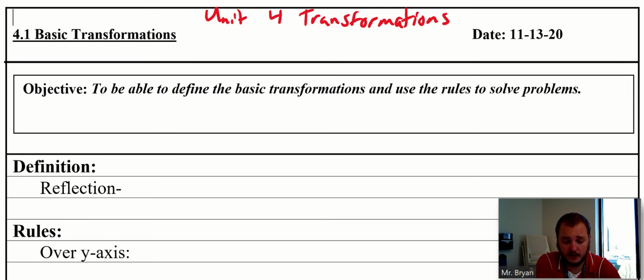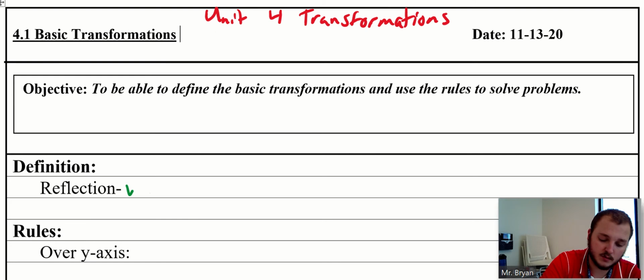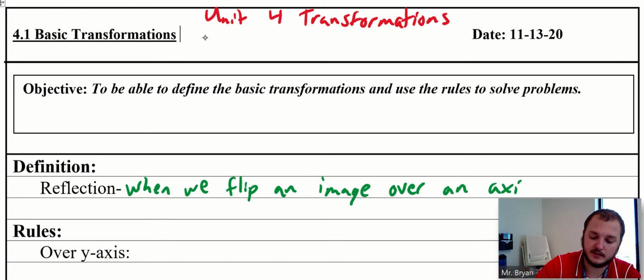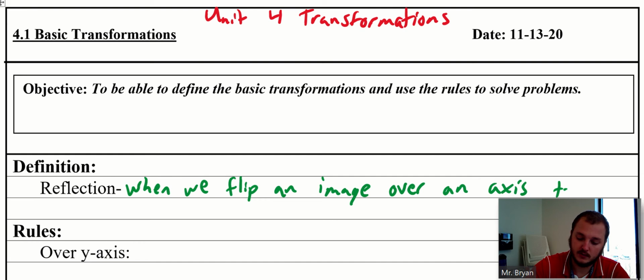All right, we'll take this one transformation by transformation. The first one we're going to talk about is called reflection. Hopefully you've heard this word before, but a reflection in terms of geometry is when we flip an image over an axis to create a new image.